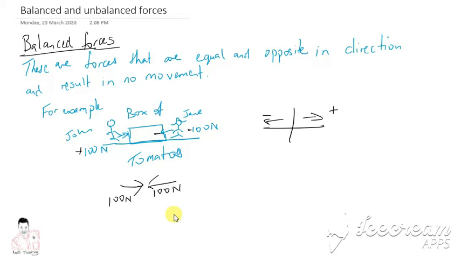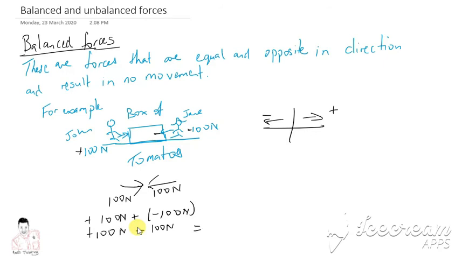So if we're supposed to do some mathematics here, I have positive 100 newtons, right, adding to negative 100 newtons. Whenever you have an addition and a minus sign multiplying to each other, you're going to get a minus. Can we agree on that? Good. So we're going to have negative 100 here plus 100 newtons.